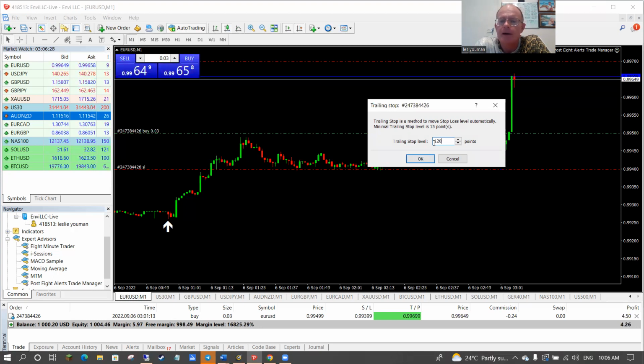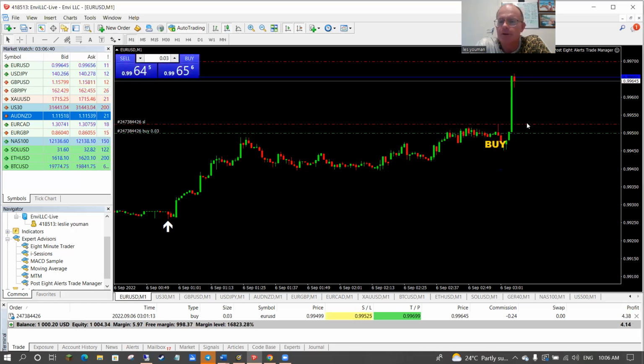So once it gets 120 points into profit, it's going to move the stop loss up above the entry point, and it'll become a no risk trade, which it's already done. And it's just going to trail along now.